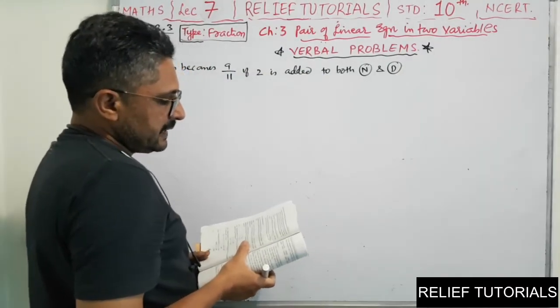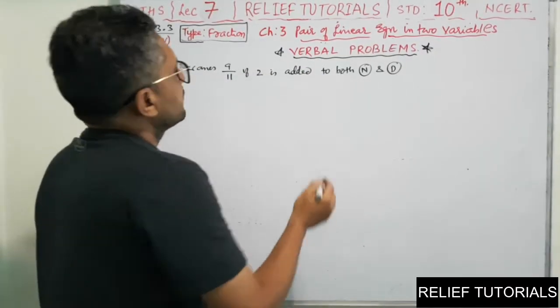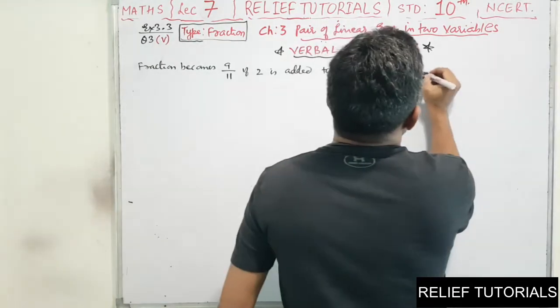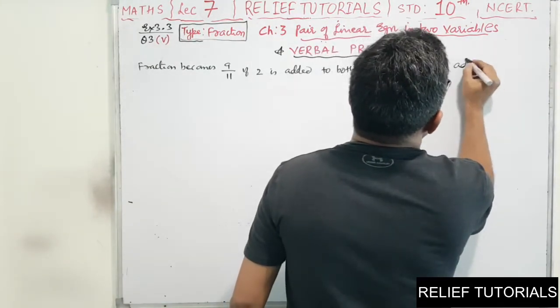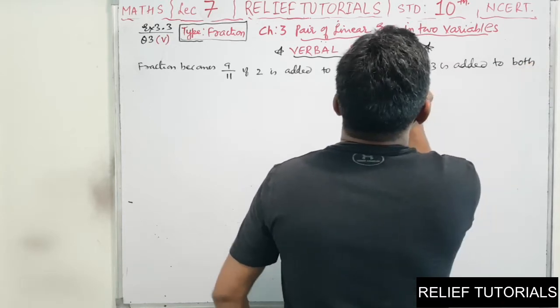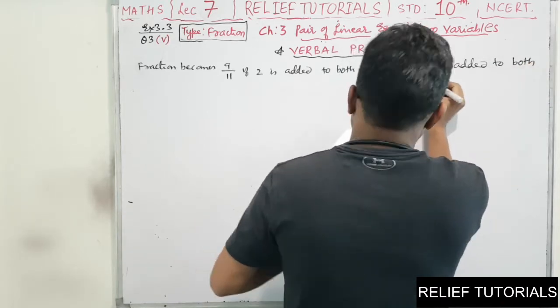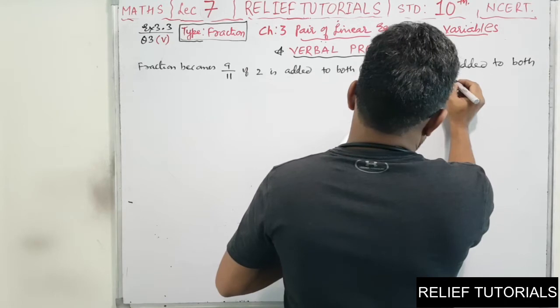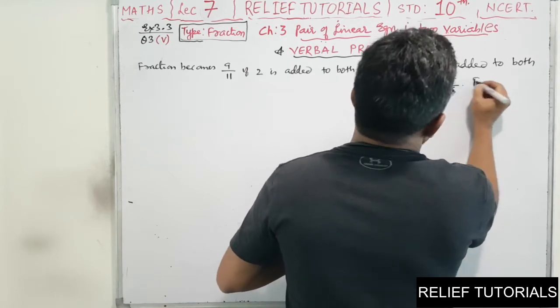Clear? If 3 is added to both numerator and denominator, it becomes 5 by 6. Find the fraction.